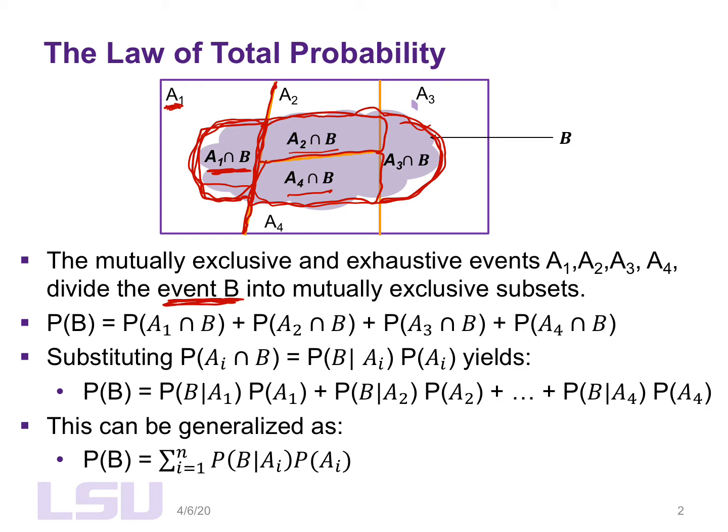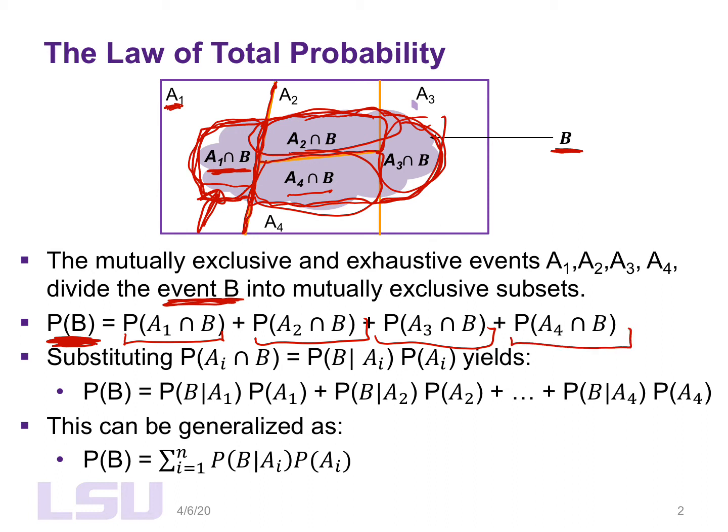So you can write the probability of B, which is all of the cloud, as the sum of these four different chunks, which is precisely what this is. So probability of B: first chunk, which is this, second chunk, which is this, third, and fourth, which is this. So that's what we use to come up with the law of total probability.